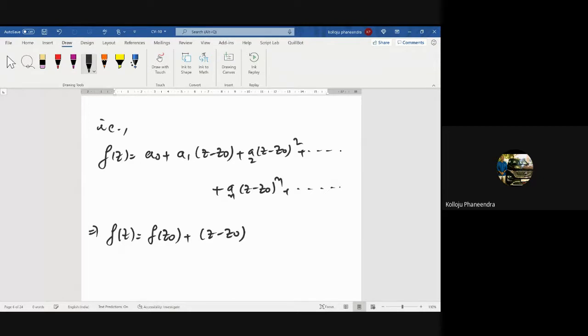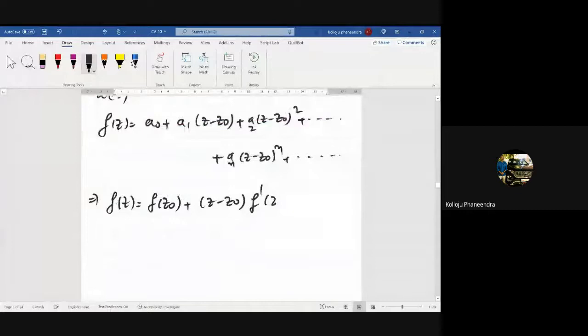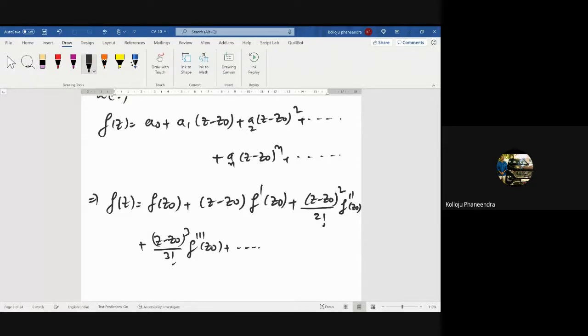A1 means 1 by 1 factorial, first derivative, right? (z - z0) f dash z0, plus the next term, (z - z0) squared by factorial 2 times f double dash z0, plus (z - z0) cube by 3 factorial times f triple dash z0, and so on, plus (z - z0)^n by n factorial f^(n) z0 and so on.